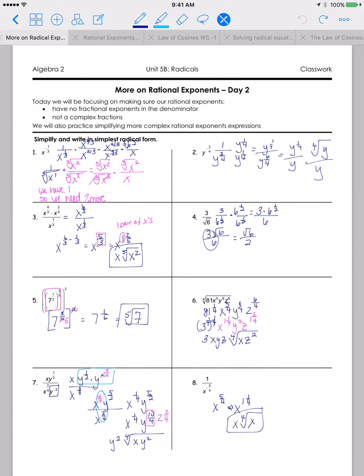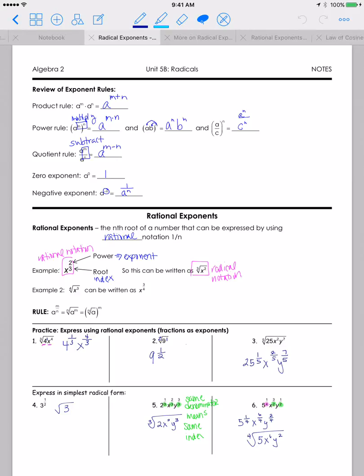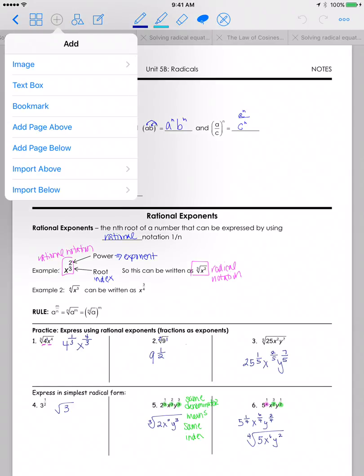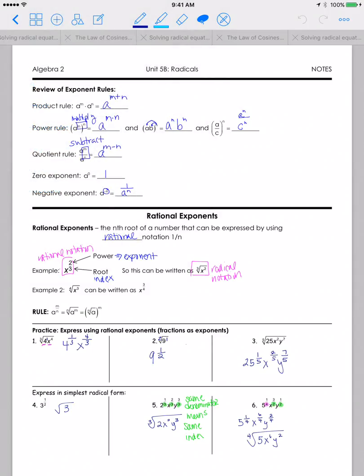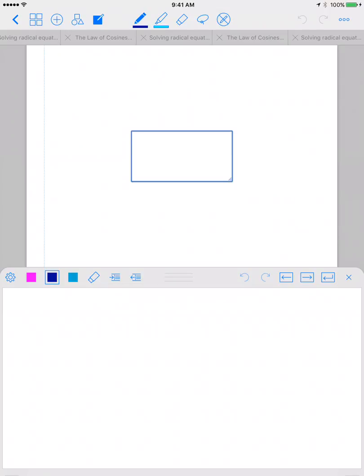Sorry, no, this one's not it. Uh-oh. Of course, at the very end, I must have exited out of this. Okay, so what I'm going to do is add a page below this. Let's just do plain paper. And let me find this problem again. And here it is. Okay, so I'll just redo it over here.